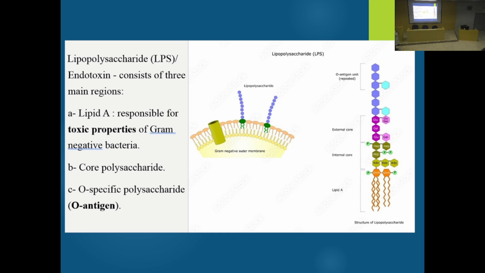This lipopolysaccharide has three parts: lipid A, which is inside, then the polysaccharide layer, and the O antigen, which is outside. Here comes the O antigen and here comes lipid A. The most toxic part of this is lipid A, which has the toxic property in gram-negative bacteria.